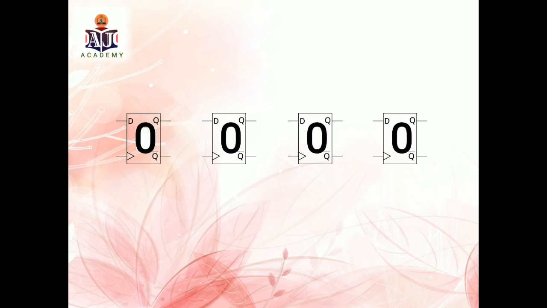Here is an illustration of 4 flip-flops starting with 4 zeros, and we are going to have an increment of these 4 bits, and finally we will reach up to all 4 ones. This is the final value.